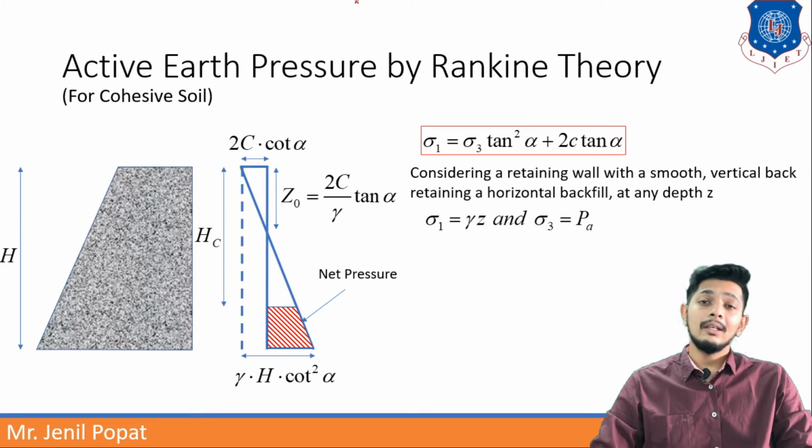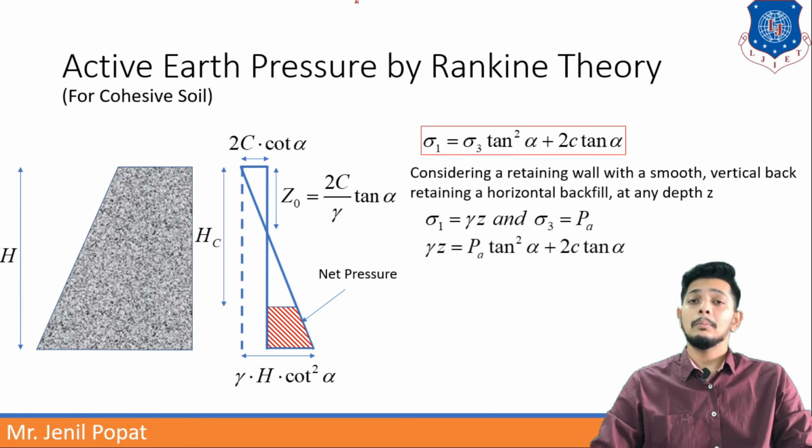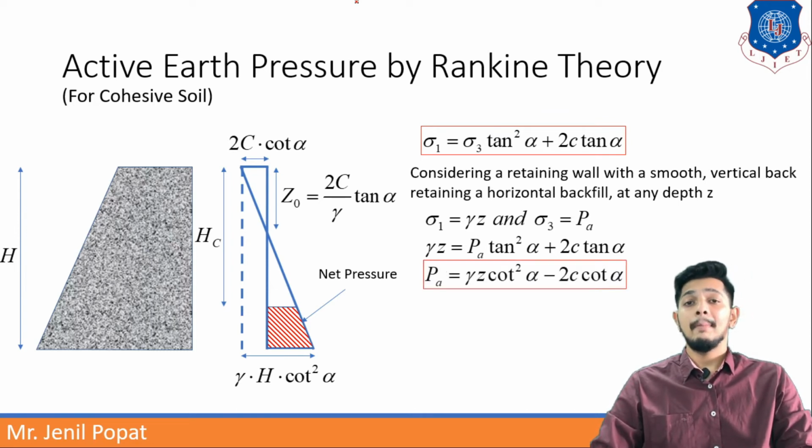Considering these both values as major and minor principal stresses, we can put both values in the upper equation, equation number 1. We can say gamma z is equal to PA tan square alpha plus 2c tan alpha. Here, if I make PA the subject, I will get PA is equal to gamma z cot square alpha minus 2c cot alpha.